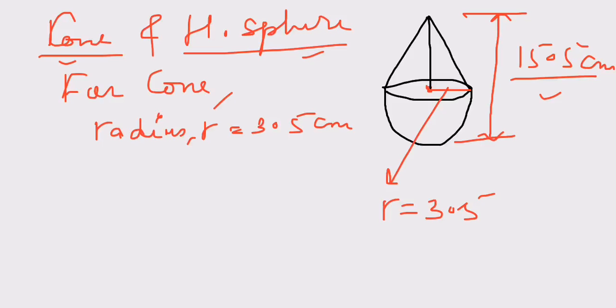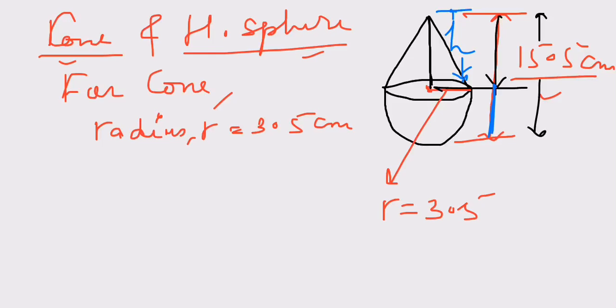Now from the figure you can see that this height is equal to the total height minus this portion. So from the total 15.5, if we remove this blue portion, then we will get the height h of the cone.